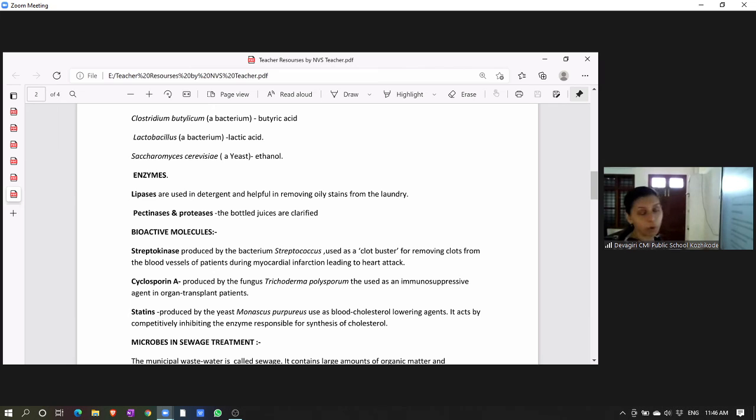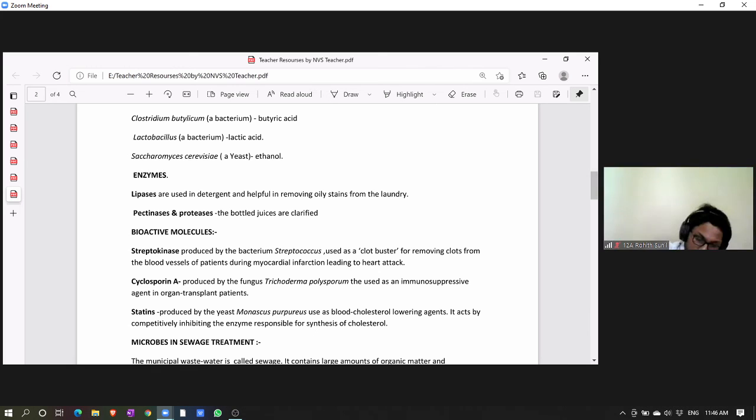Right, bioactive molecules definition. Hope Rohit and Vinayak, it's clear now. Yes, ma'am.